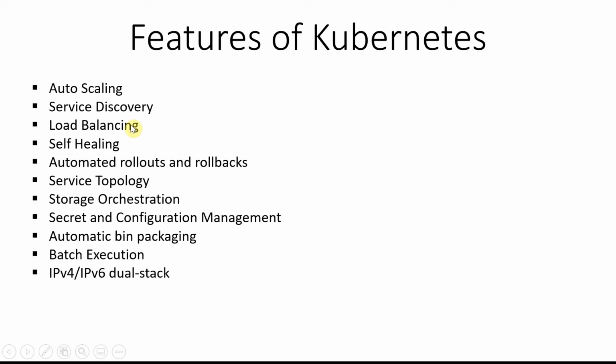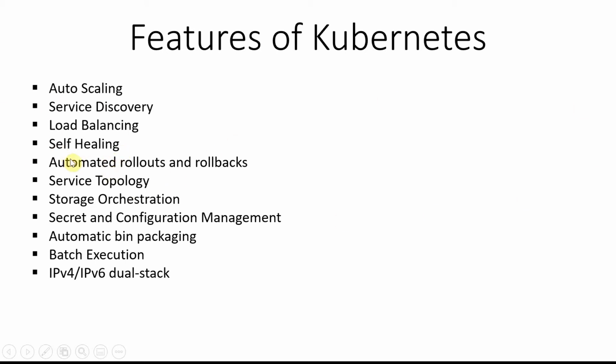Kubernetes can detect that something has gone down, and it will automatically self-heal. It can automatically discover that something is down, and it can recover from the failure. So that is what self-healing is.